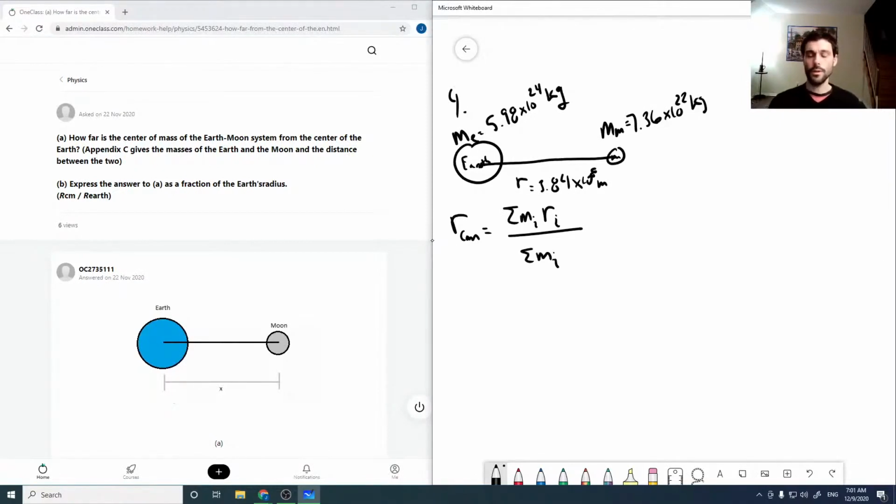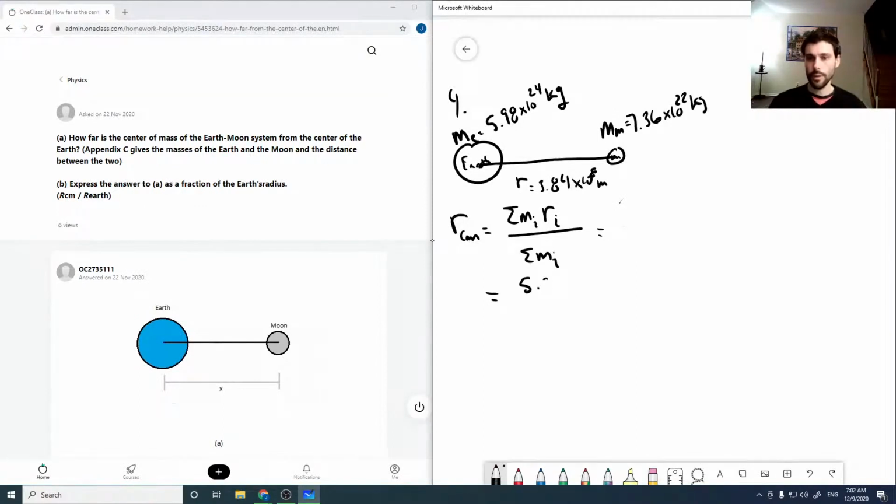Taking the Earth as our origin, or the center of the Earth as our origin, and placing all the mass there, we could have 5.98 times 10 to the 24 kilograms times 0 plus 7.36 times 10 to the 22 kilograms. I've just realized that I'm not going to be able to write that much, so I'm going to actually just erase this and shift it down.